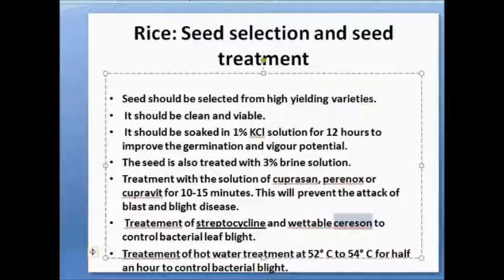This is a vegetable powder. It can dissolve in water easily, and the solution is made using these two, and in this solution seeds are dipped for 10 to 15 minutes. Please remember that seeds are to be dipped in these solutions for 10 to 15 minutes, not more than that. Otherwise, possibly it may affect the germination capacity of the seed.